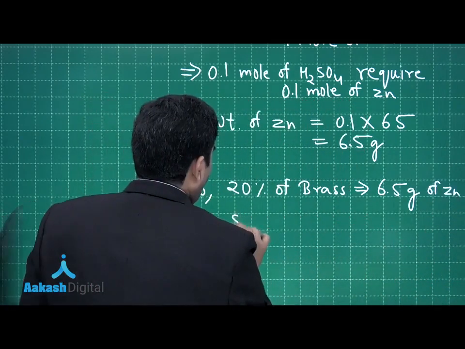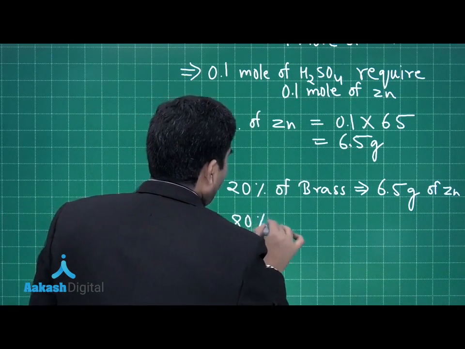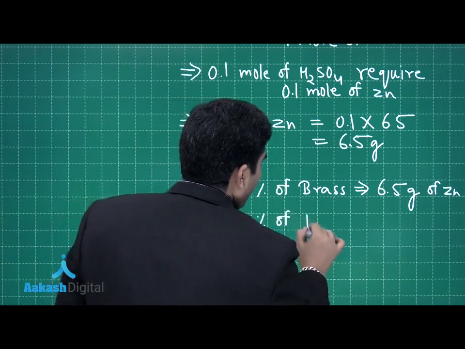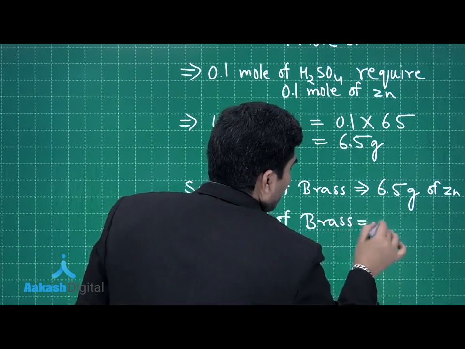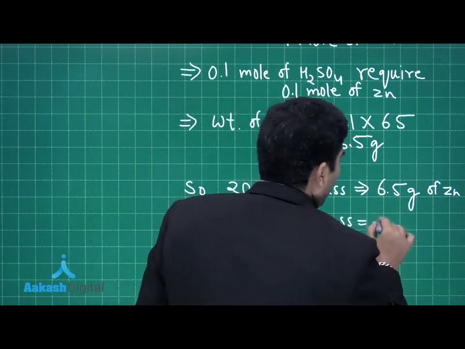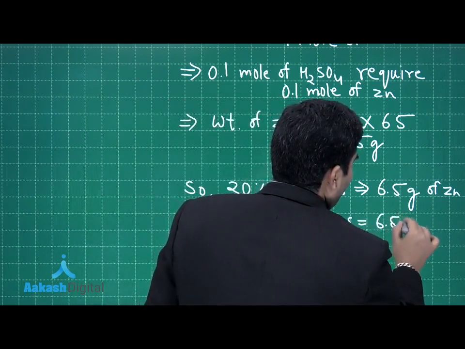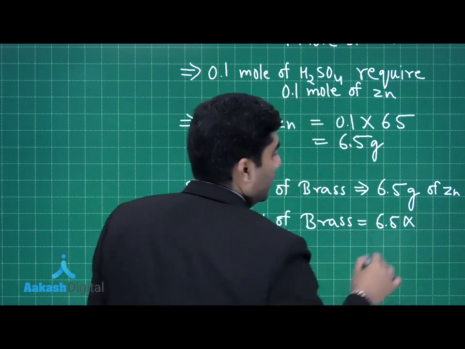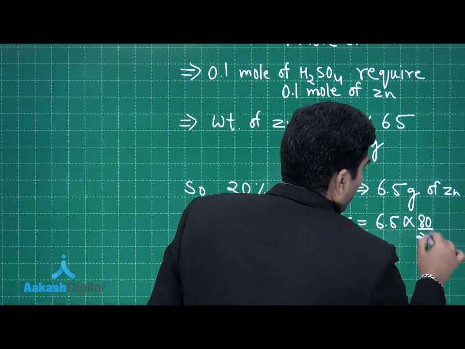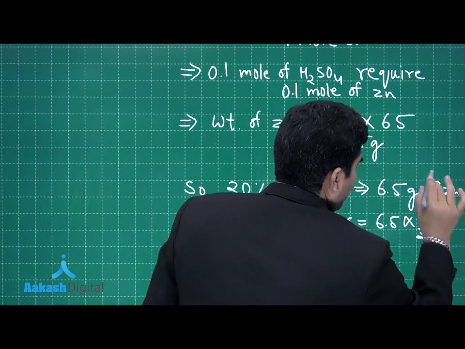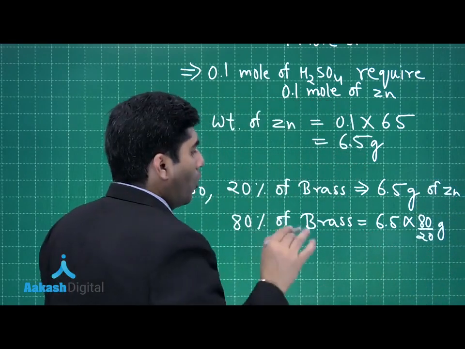Then 80% of brass, by mass, will be 6.5 multiplied by 80 by 20 grams of copper.